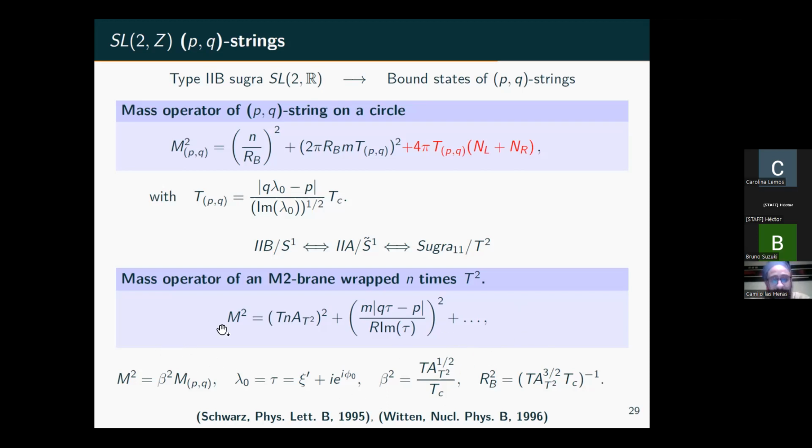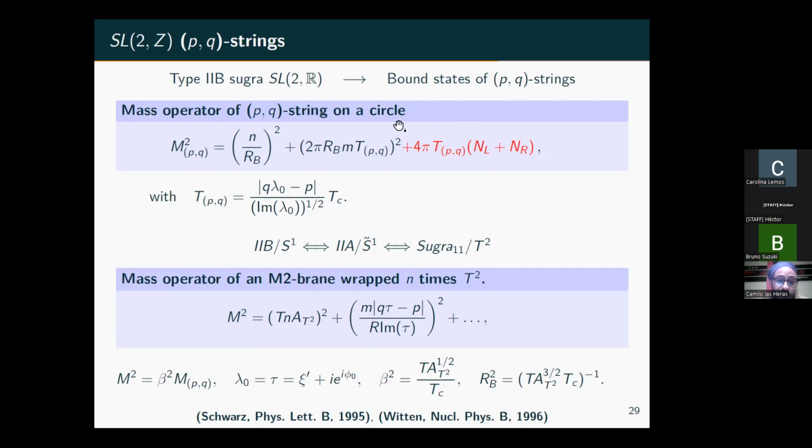What he says is that if you consider this mass operator and relate it with the mass operator of the string in this way, where lambda 0, the axiodilaton that I told you before, is identified with the Teichmuller parameter of the torus, and you write beta squared in terms of the tension of the M2 brane, the tension of the string, and the area of the torus, and you write the radius of the type 2B theory in terms of the 11-dimensional information, he proved that you are able to reproduce the Kaluza-Klein and the winding term from this expression that we have here.